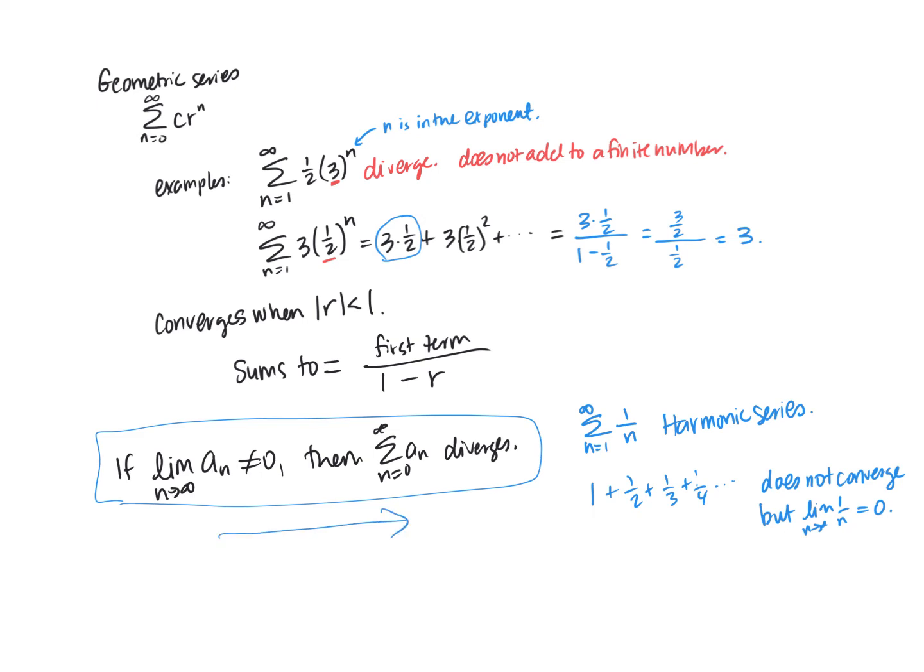So the harmonic series is your counterexample. How do we know that the harmonic series does not converge? Well, we prove that using the integral test. I'll show you in just a second what the integral test is.